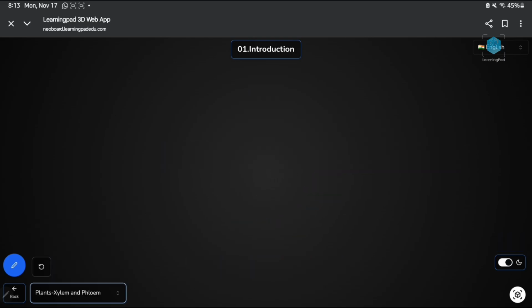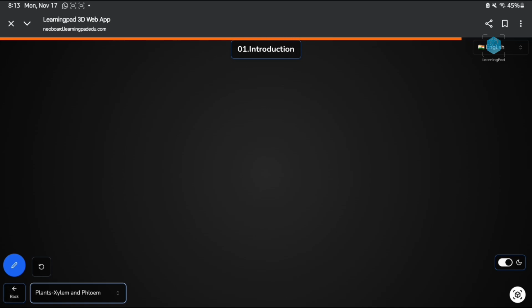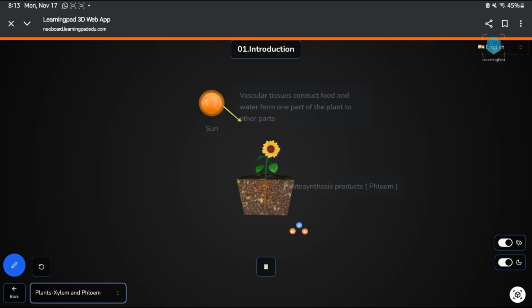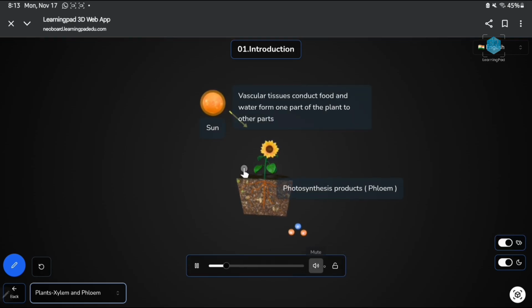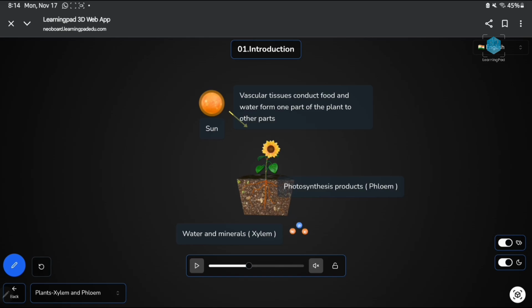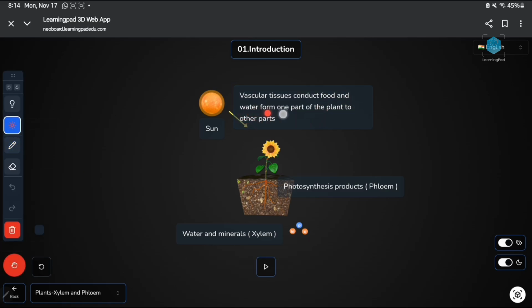Xylem and phloem form the vascular bundle of the plant tissue, out of which xylem helps in transportation of water. Plants use sunlight to make food. Phloem helps in transport of food material. Here you can see vascular tissue conducts food as well as water from one part of the plant to other parts.